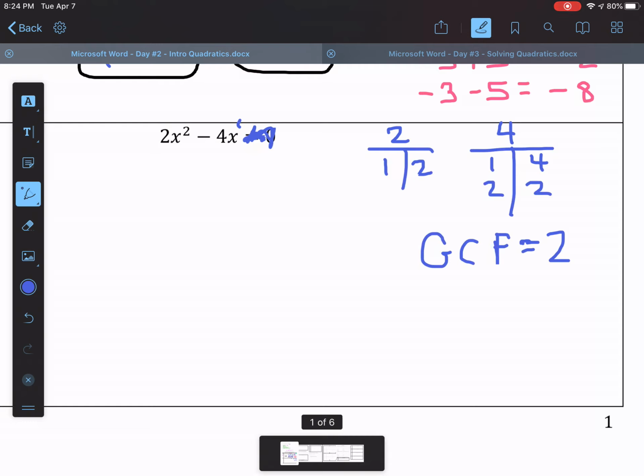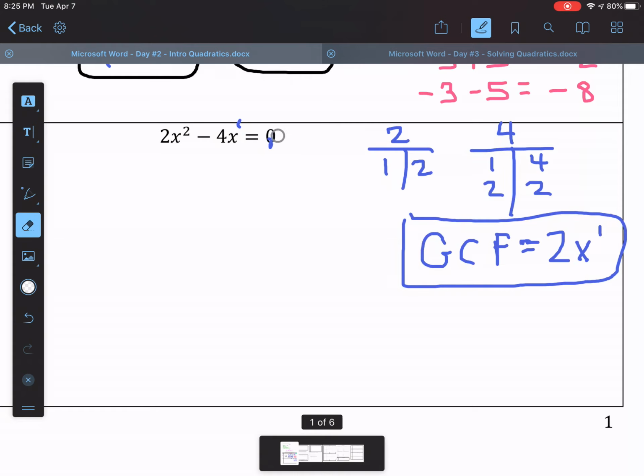So that means that we are going to have an x as a part of our GCF. Now the question is, well, what's the exponent going to be? We always take the lower exponent, which in this case is x to the first. So then the GCF ends up being 2x to the first, or you can just write it as 2x, okay?